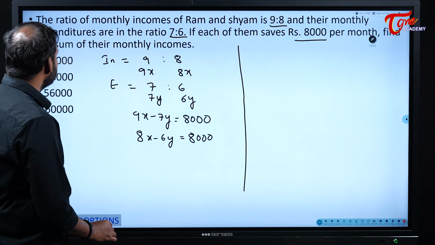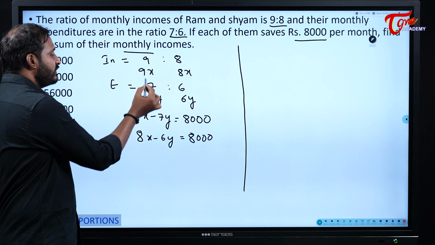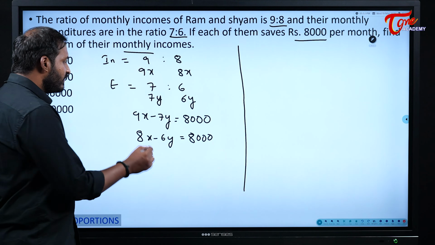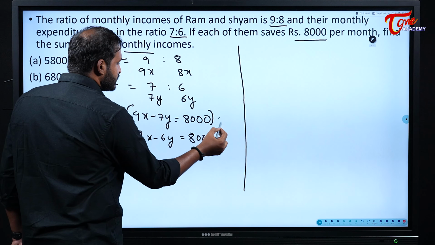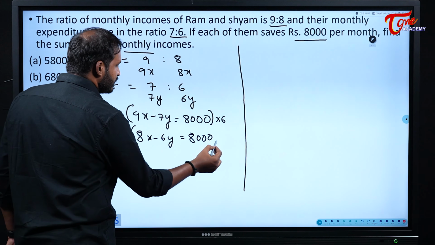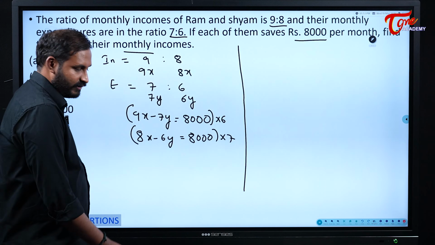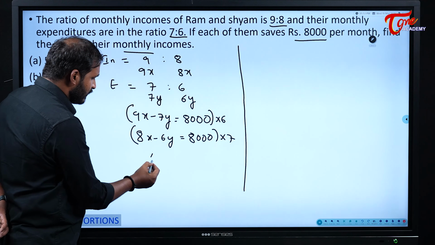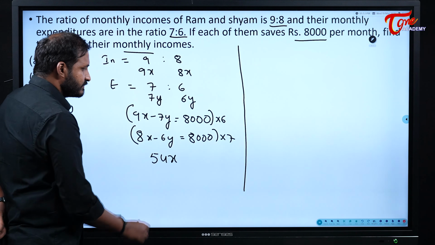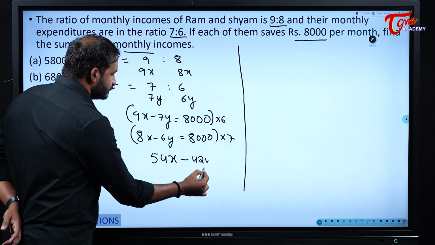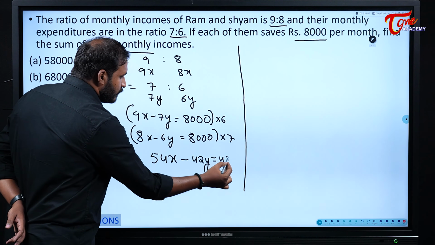Now, you have two equations and they are asking us the monthly income side. For x we want, so try to cancel y. How can you cancel the y? By multiplying this equation with 6 and this equation with 7. If I multiply this one, I will get 54x minus 42y is equal to 48,000.